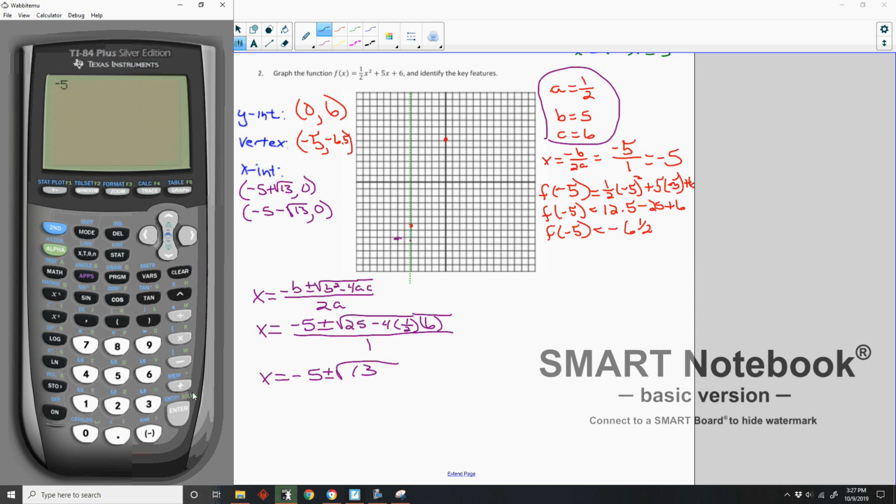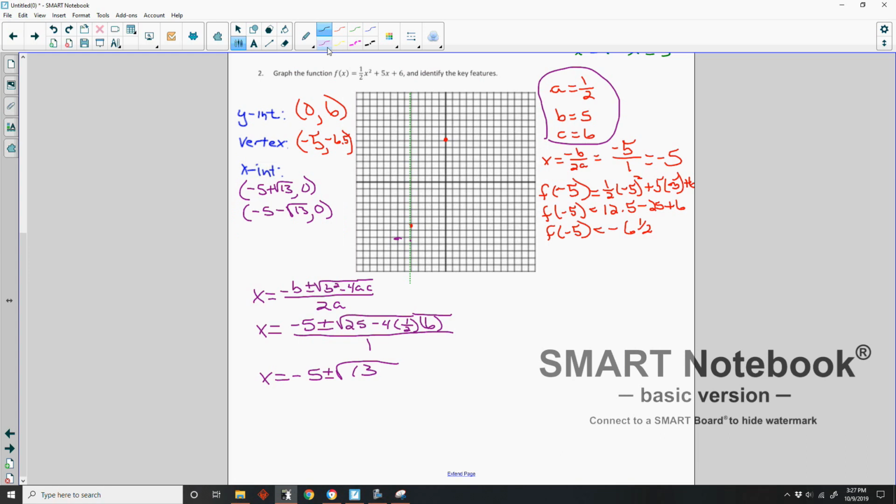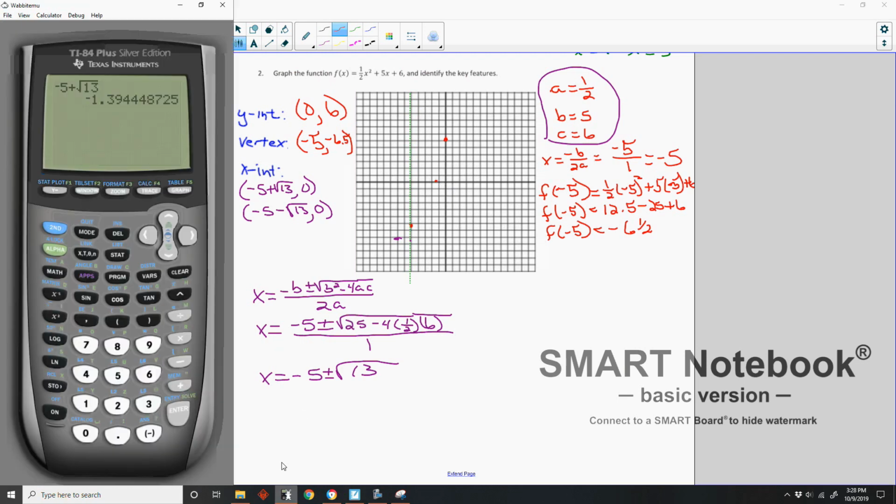negative 5 plus the square root of 13. I'm just doing an approximation here. Negative 5 plus the square root of 13 is negative 1.39. I'll use red because that's what I've been using. That is about right here. Then if I put minus the square root of 13, I get negative 8.60.